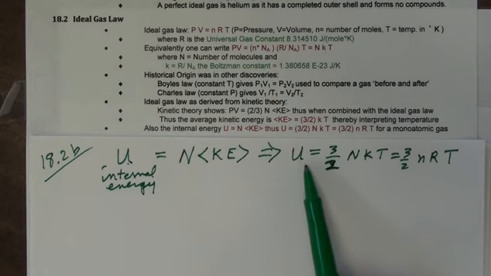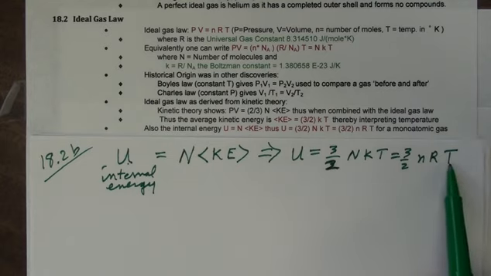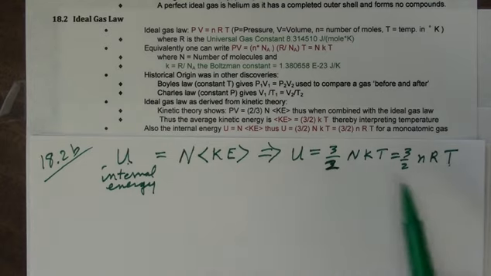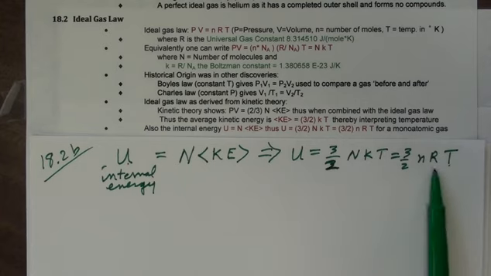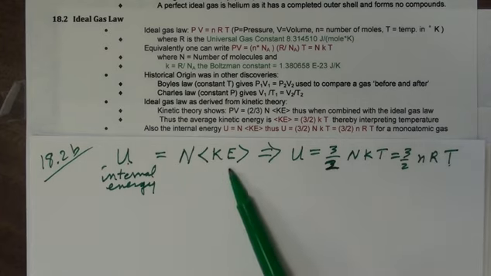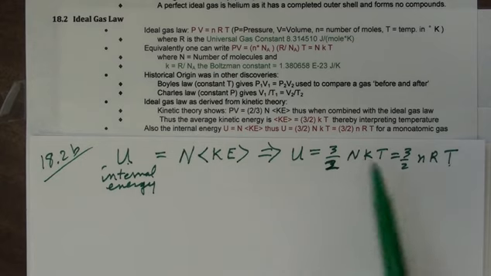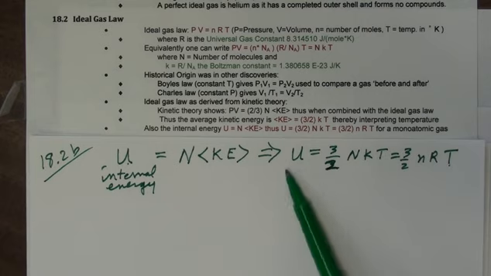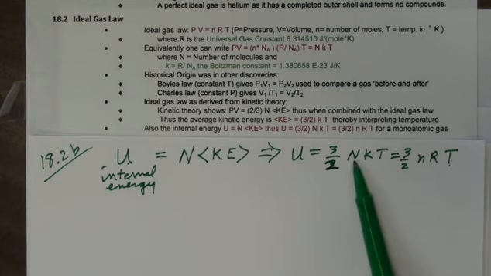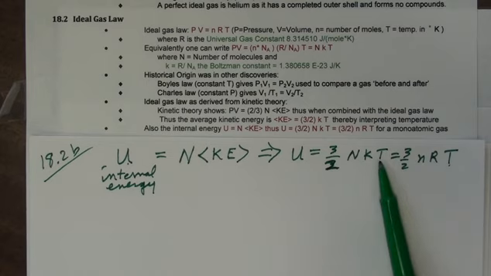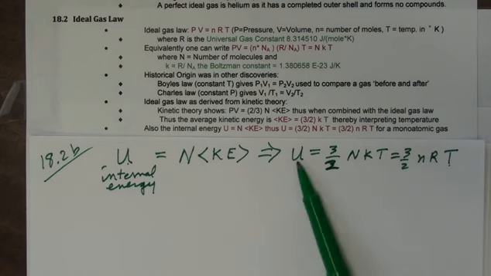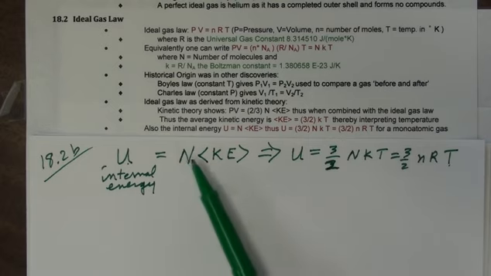So the internal energy is proportional to the temperature, because the internal energy is dependent upon what the kinetic energy is, or the average kinetic energy. However, if you have twice as many molecules, if you have 2 bricks instead of 1, they still may have the same temperature, but I have twice the internal energy because I have twice the number of molecules.